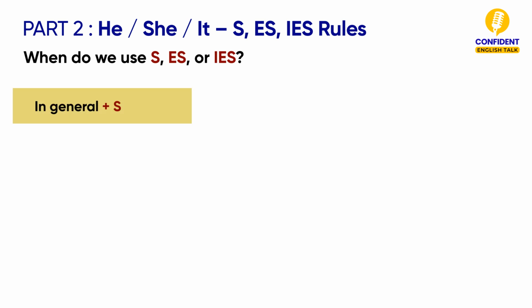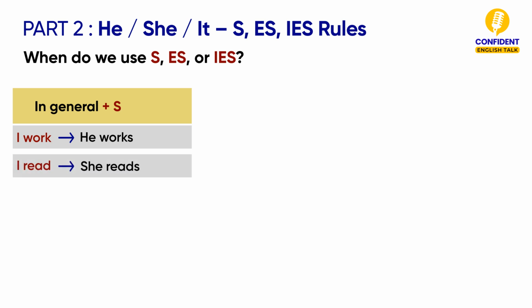When to add S? If the verb is simple, just add S. Examples: I work. He works. I read. She reads. I drink tea. Anita drinks tea. With most verbs, just add S. Now, when to add ES?